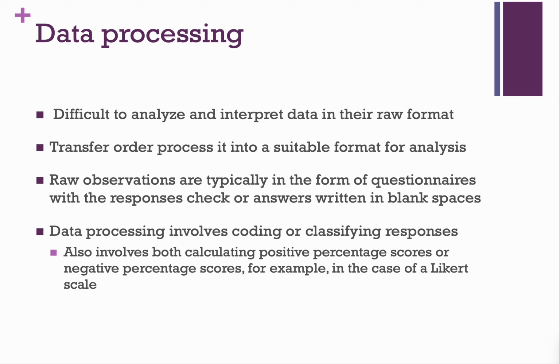For example, if employees are not satisfied, we give them 1. If employees are moderately satisfied, we give them 2, and if they are highly satisfied, we give them 3, right? So we give them all these scores, and then we calculate percentage scores. All of that is done if the survey is on a Likert scale or something similar.